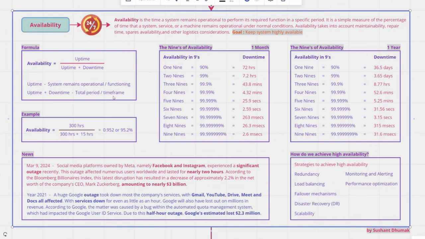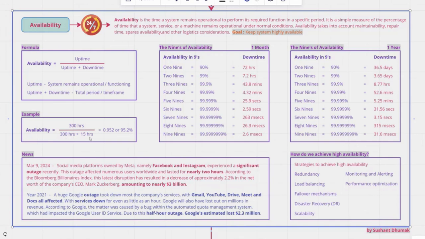That total period is calculated through uptime, the time it is available, and downtime, when it is down. Uptime is when the system is operational, ready to use, functioning for the user, providing the required function or operation. So out of the total time, we calculate how much time the system was available for the user. I have given one example: suppose for 300 hours the system was available and 15 hours the system was down.